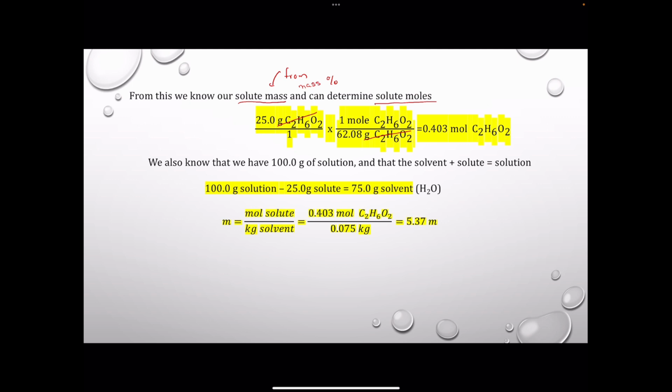We subtract the two, we get 75 grams of water. Now I have the information I need to get my molality. So I'm plugging in my moles of solute divided by my kilograms of solvent. So 75 grams is 0.075 kilograms. And we're getting a concentration of 5.37 molal.